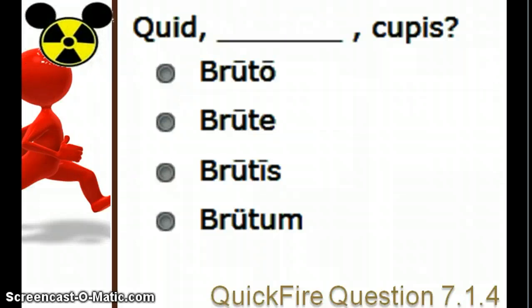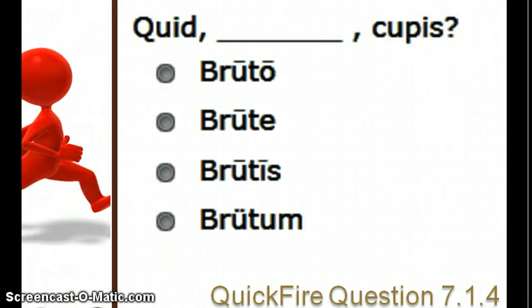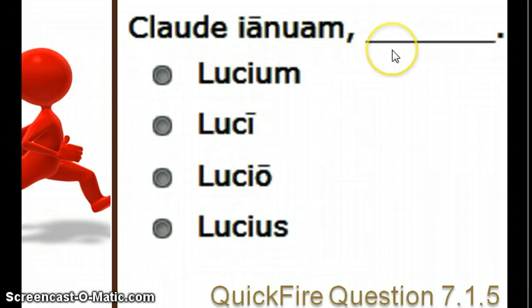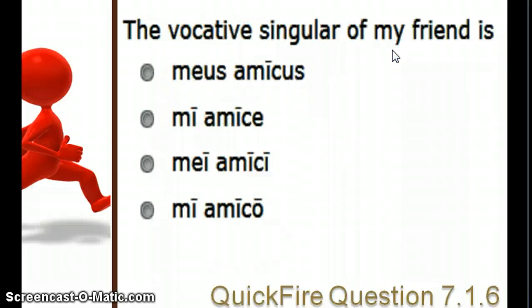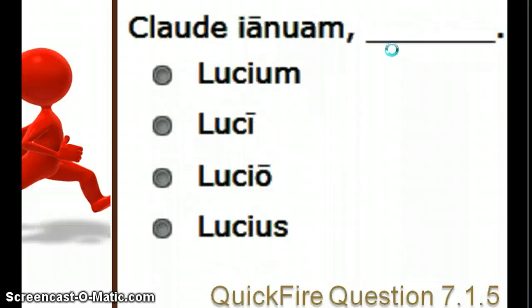So what do we have? We have commas right here. We have a second singular verb and commas. That tells us we're looking for the vocative, which is, what, Brutus, do you want? So in this one, we see imperative, second singular.